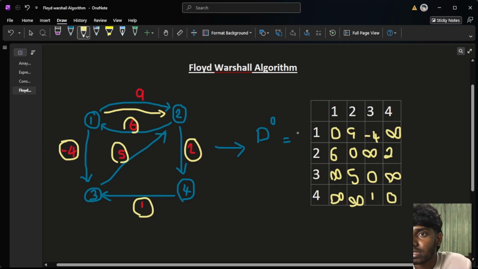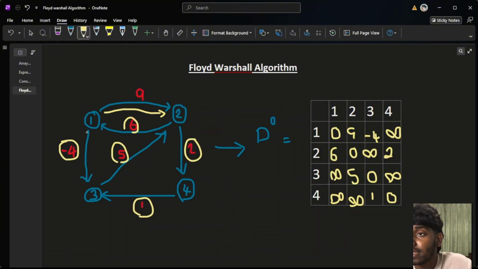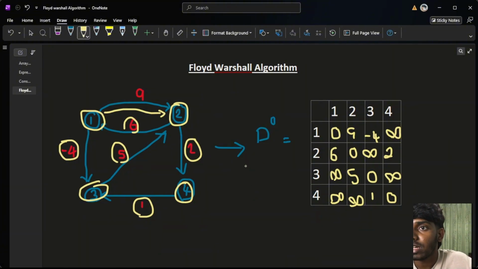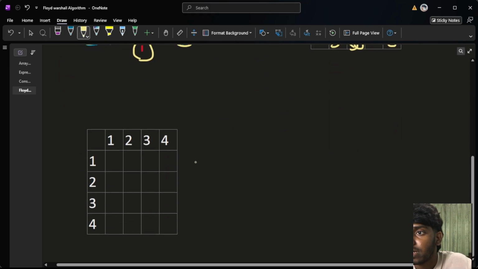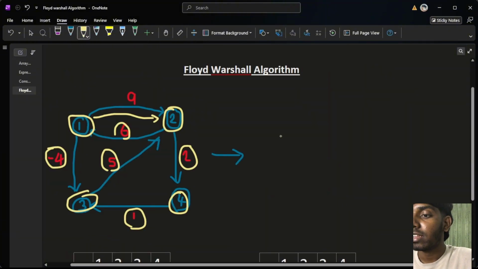So this is the distance matrix, and also this is the initial matrix. As I said previously, we are going to use these elements as middle vertex to find out the shortest path of each pair of vertices. So we are going to do the D1.